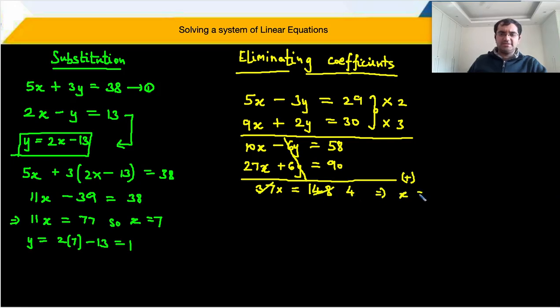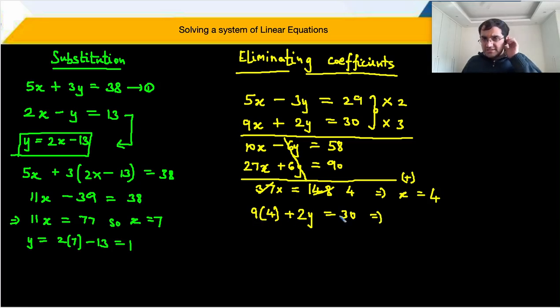I get x is equal to 4. Now pick any of the two equations, whichever seems easy to you, and you will get y. For example, if I pick the second one, 9 4s are 36 plus 2y is equal to 30. So 36 minus 30, 6 comes. 6 is equal to minus 2y, which implies y is minus 3.